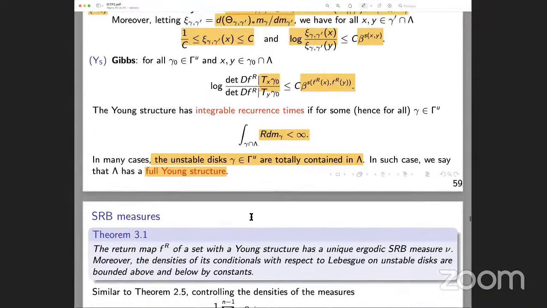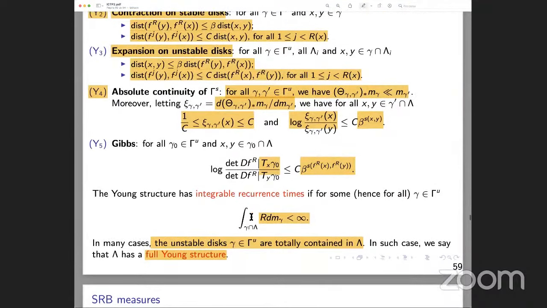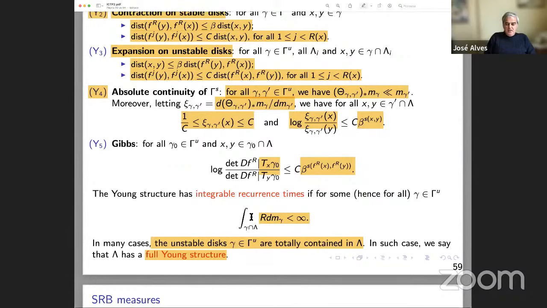So, can I ask another question? Yeah, of course. So is this Y5 property a sort of bounded distortion just for the return times? Yes, it's bounded distortion. Yeah. Okay. Well, usually I call it Gibbs, first because the Gibbs property is close to this for this special observable, the log of the Jacobian. I usually call it bounded distortion for iterates.